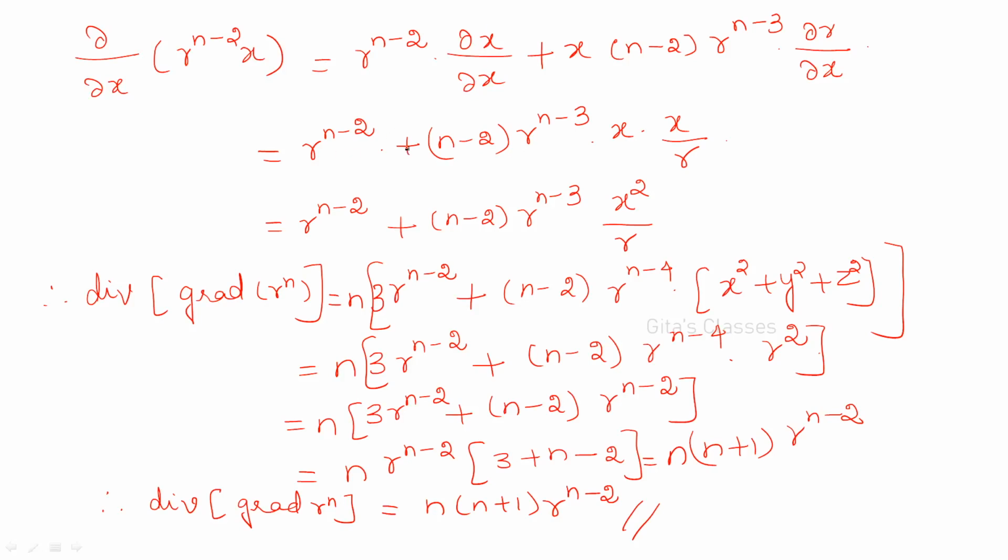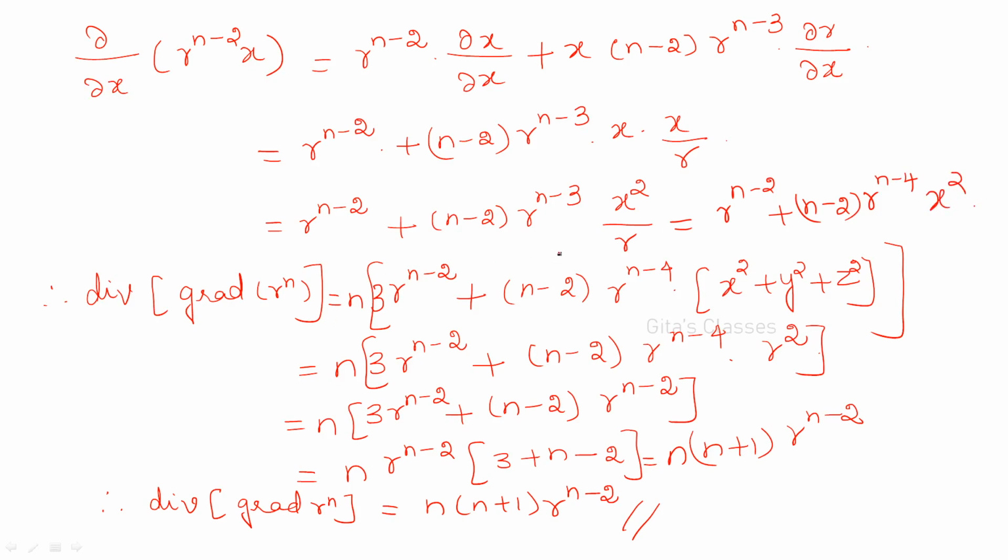So r^(n-2) into 1 plus (n-2) r^(n-3) into x, and what is ∂r/∂x? It is x/r. Okay. So that is r^(n-2) plus (n-2) r^(n-3) x^2/r. Okay. That can be written as r^(n-2) plus (n-2) r^(n-4) x^2, bringing this r to the numerator.